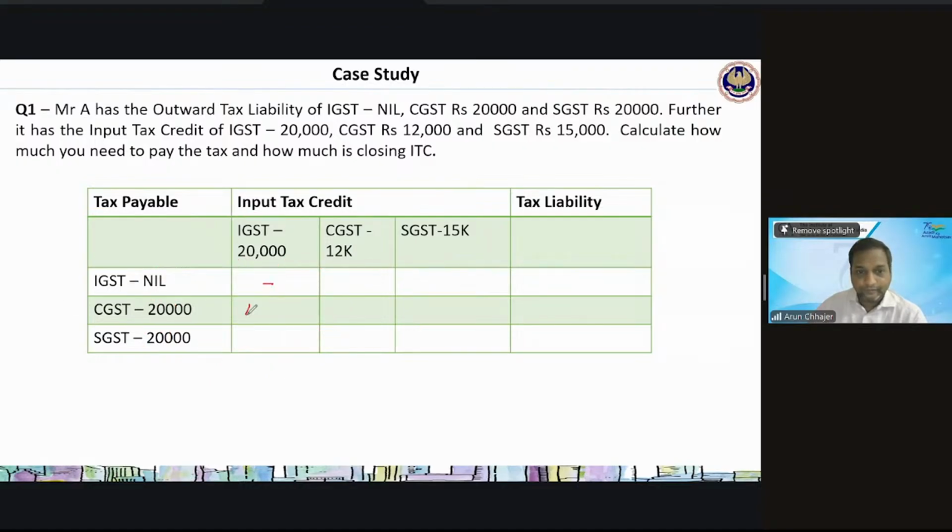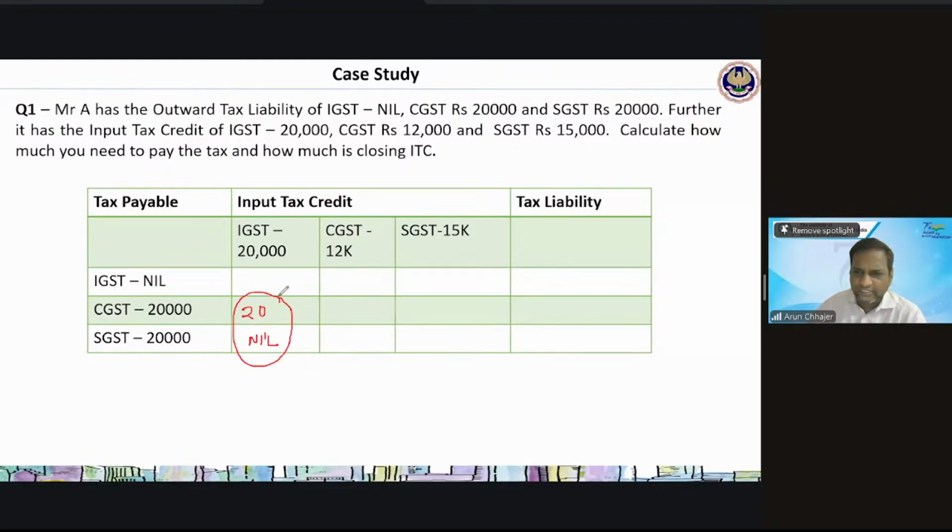Let's say they have given 15,000 and 5,000. They can give in any order. Can C give the amount to S? So 20 and 0. Is it also allowed?